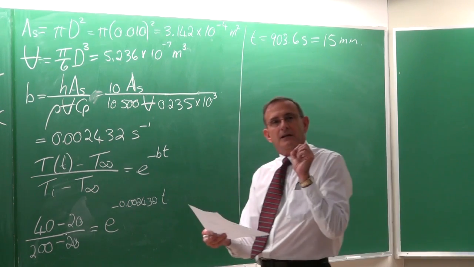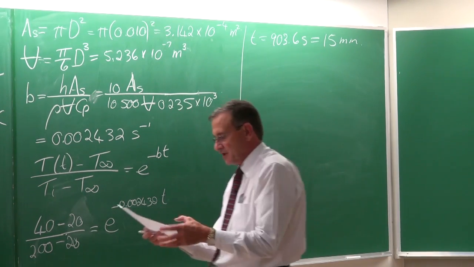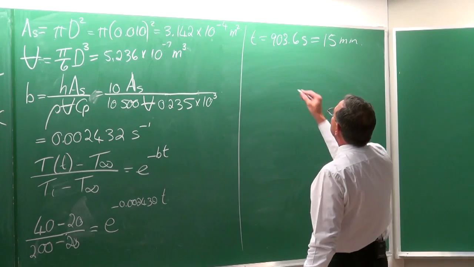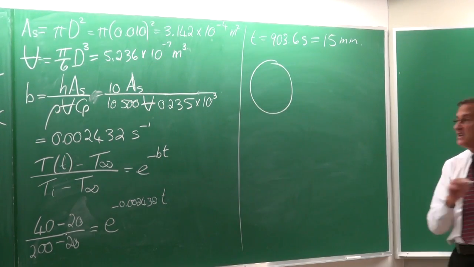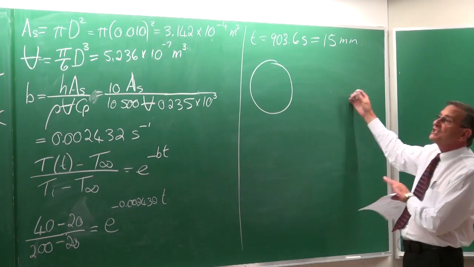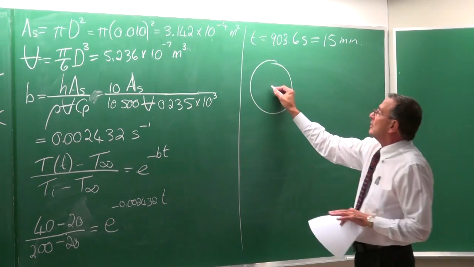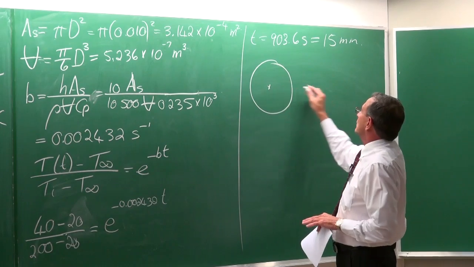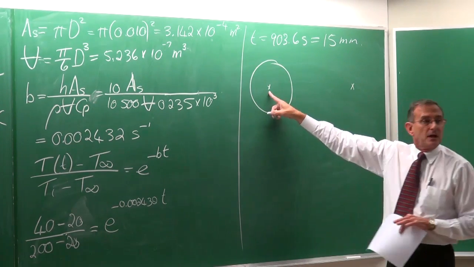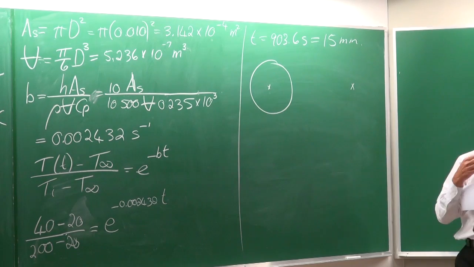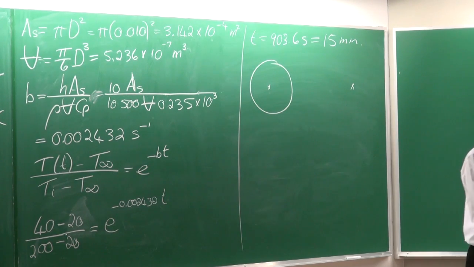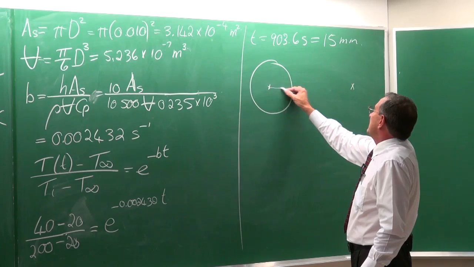Right. Now, what is really the crux of this problem that you need to understand? The crux of this problem is that for the heat transfer to occur from the temperature of 200 to 20, there's a resistance against heat transfer. And you've done it in chapter 3.